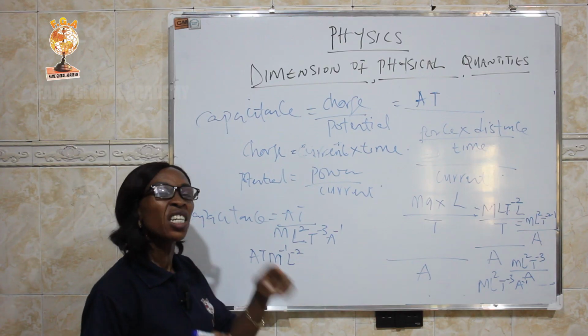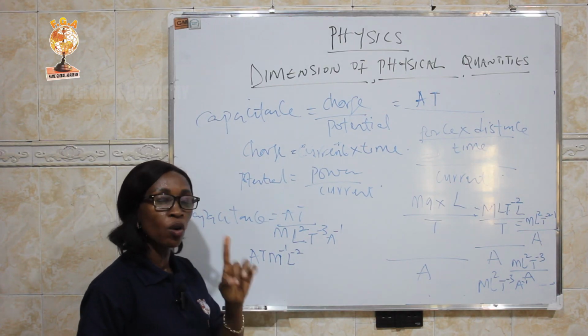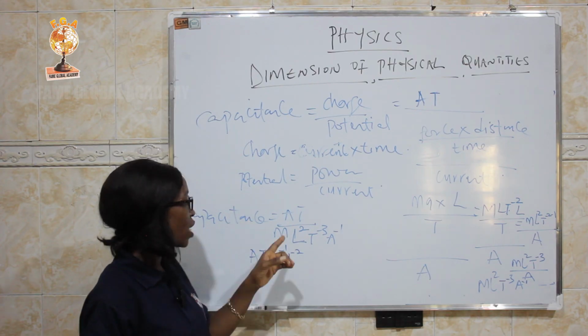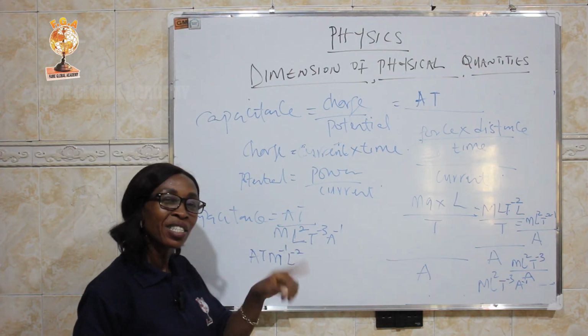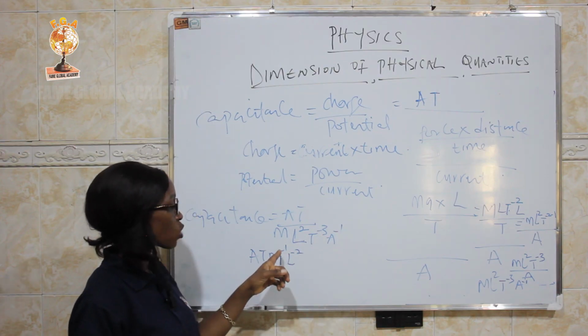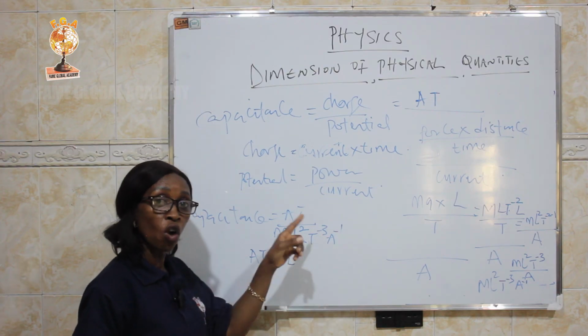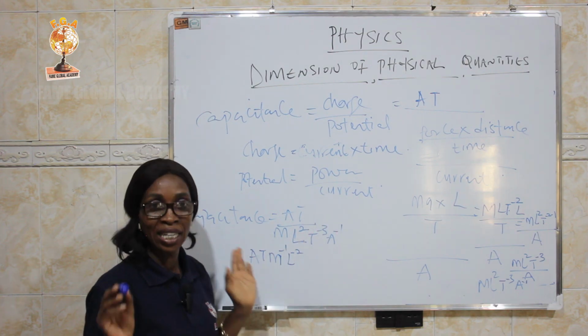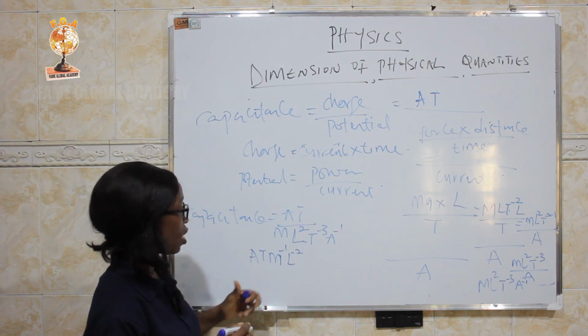When it's a positive 1, you don't include it in your calculation. You just know it. But when it's a negative sign and it's 1, it's supposed to be there. That's why we are saying M minus 1 is going upward. I'm leaving it like that. I won't touch it. Now, let's continue.